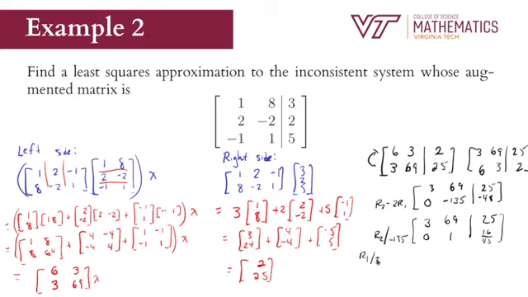Row 1 divided by 3 gives us 1, 23, and 25 thirds. And then finally, we're going to get row 1 minus 23 row 2.